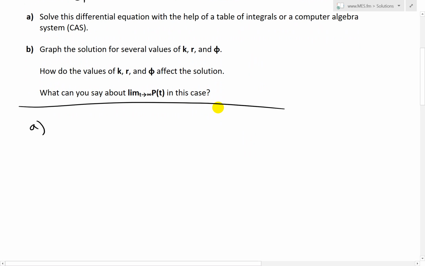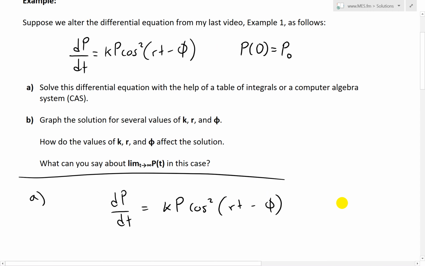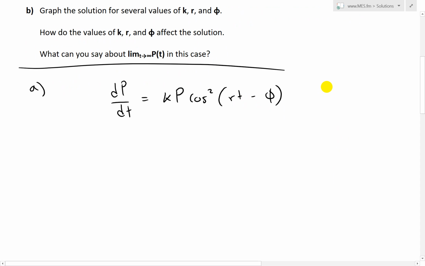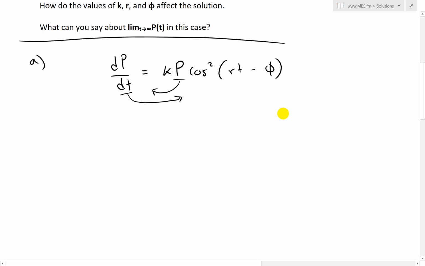So let's write this down. dp over dt equals kp cosine squared of rt minus phi. Let's see if we got that right. Yep. Again, recall that we're just dealing with a separable equation, because we can move the p onto the left side and the dt onto the right side, so that we have all the p's on one side and all the t's on the other, and then we can take the integral.